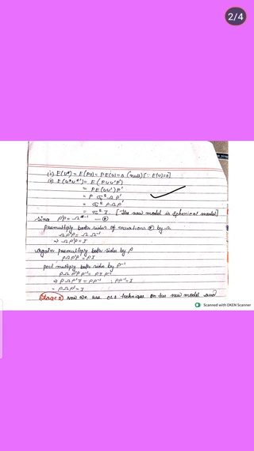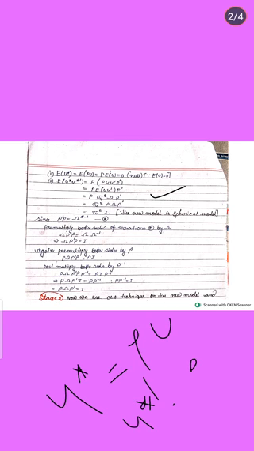The expected value of u star u star prime is equal to the expected value of Pu u prime P prime, because we know that u star is equal to Pu and u star prime is equal to P prime u prime.